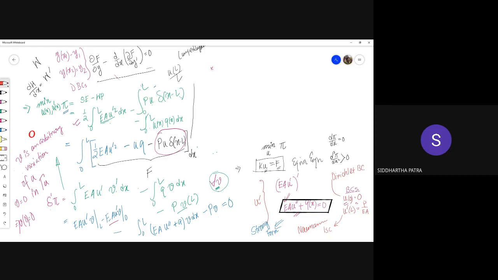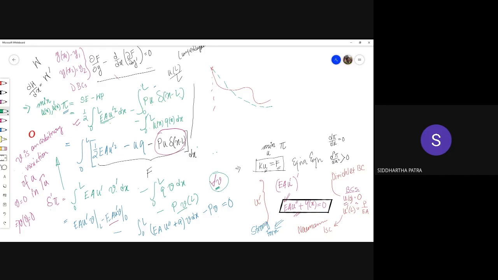Let's say at one of the locations, the value of U is given. And beyond that, U could be anything. Let's say this is the actual solution U. Now an arbitrary function would be admissible for a potential solution to that minimization problem. Please listen to this sentence very carefully.